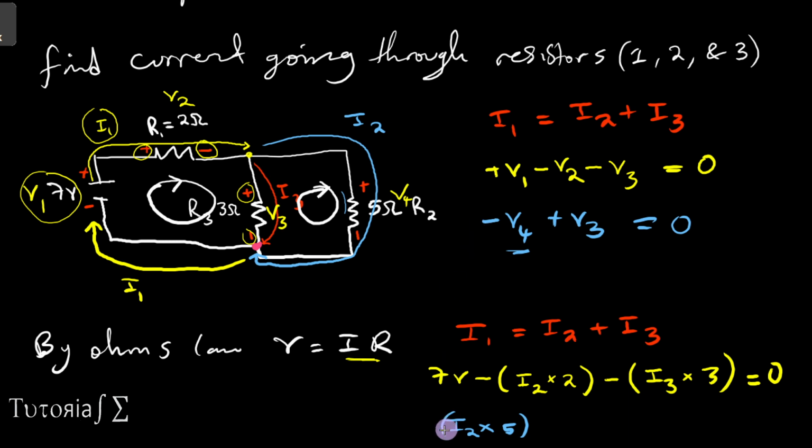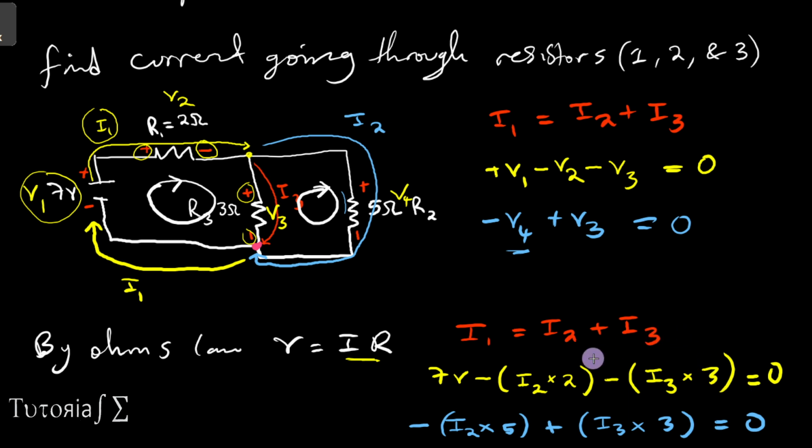And this has a negative, so we put a negative outside here, plus voltage 3. Voltage 3 is this one here, so there is a plus there. The current going through voltage 3 is I3, times the resistance here, which is 3. Okay, it goes to 0.